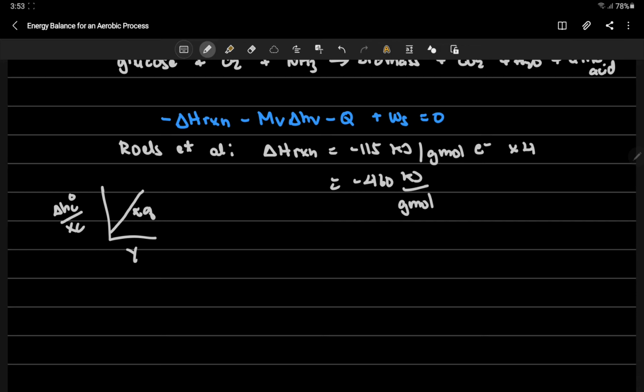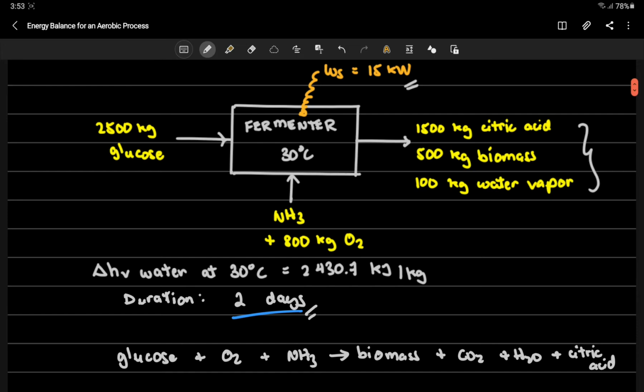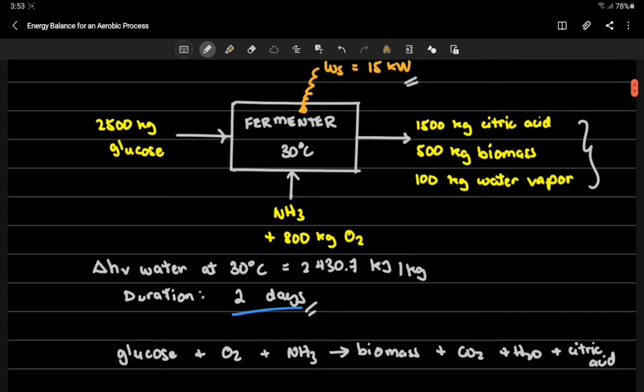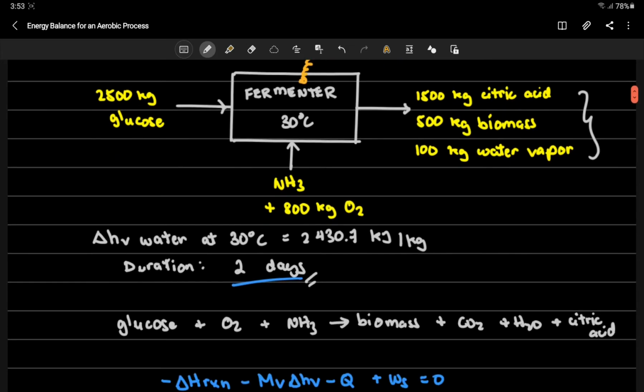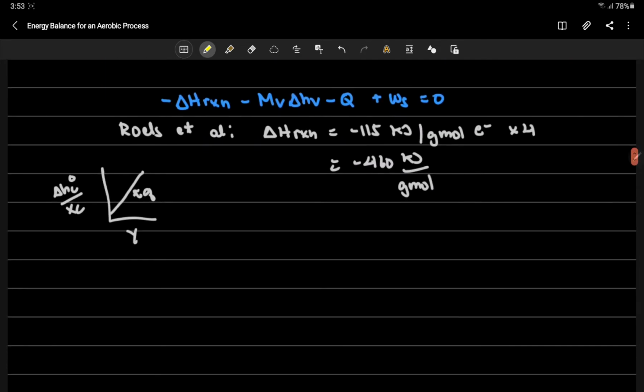Now, this now, yung naka per mole siya, ibig sabihin per mole of the substrate consumed. So, ang substrate natin dito, okay, so yung oxygen natin pala, na-typo ako dito, but hindi siya 800 but rather 860 kilogram of oxygen.